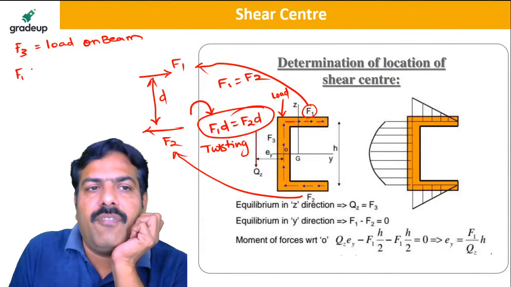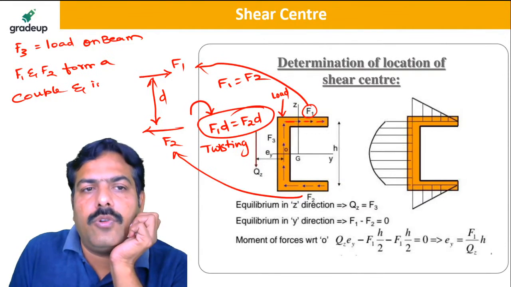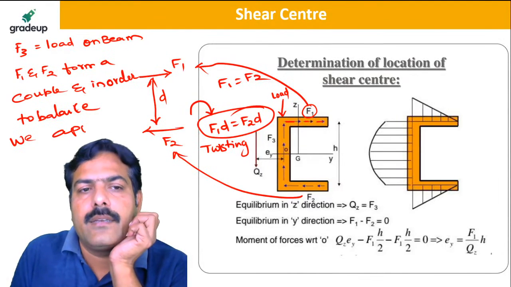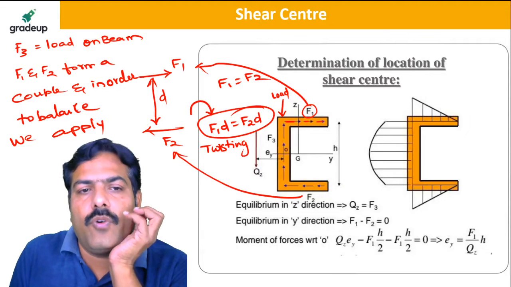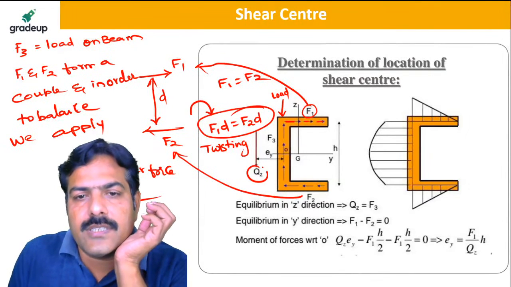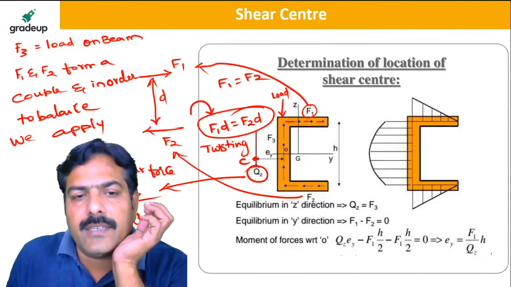But F1 and F2 form a couple, and in order to balance it we apply the shear force QZ. So this is the force that you are applying at point C, at the shear center.